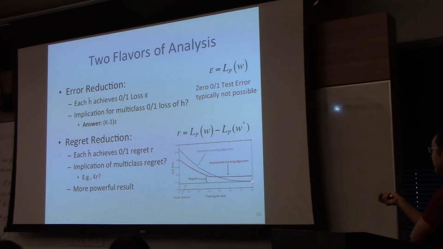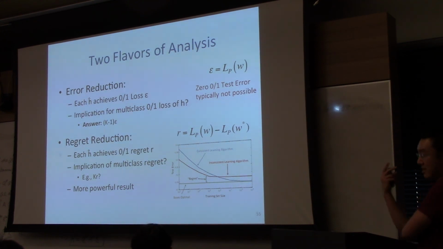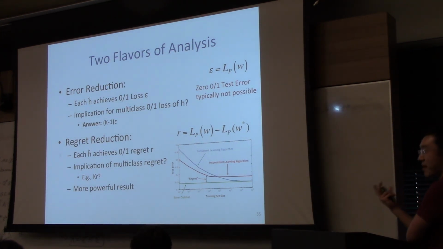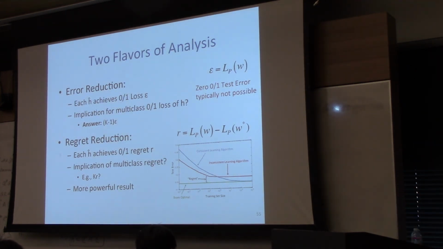And any non-consistent learning algorithm will not achieve 0 regret in the limit of infinite training data. We know how to construct provably consistent learning algorithms for binary classification. So whatever regret H hat gets in binary classification does have an implication on multi-class regret.